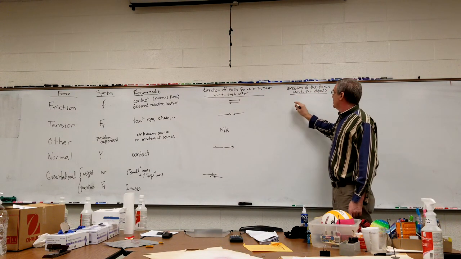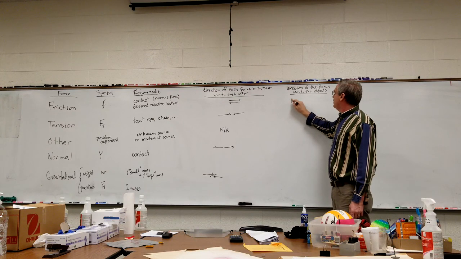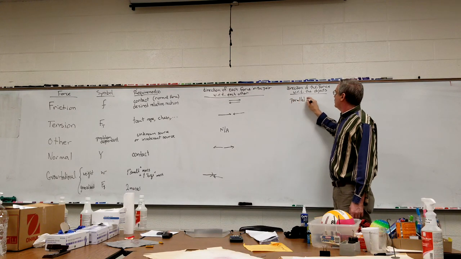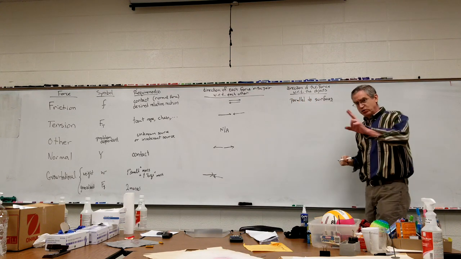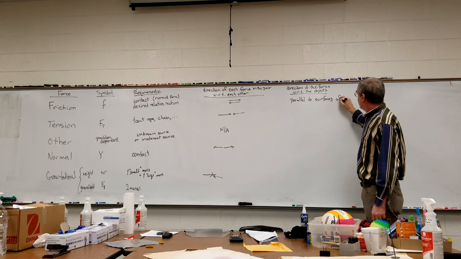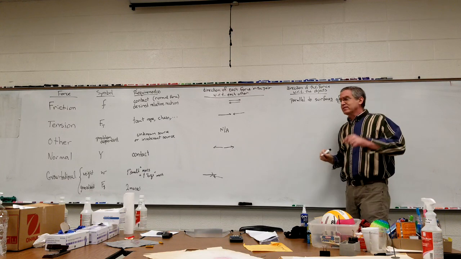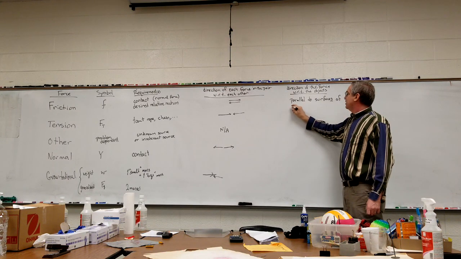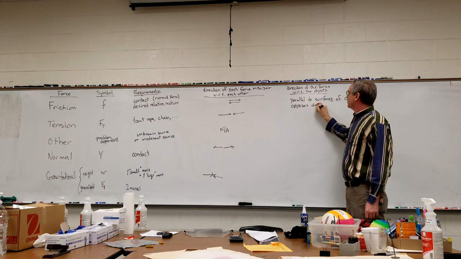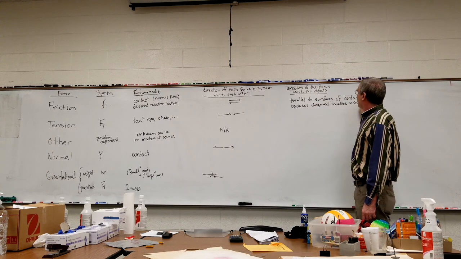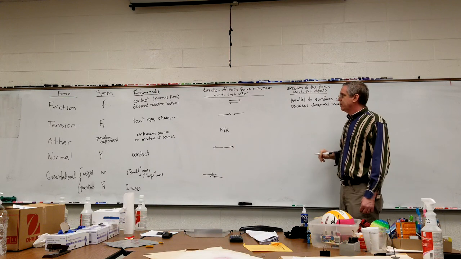So for friction, it is parallel to surfaces of contact, and there's two surfaces involved, as well as it opposes desired relative motion. And we will definitely get into more detail on that one.